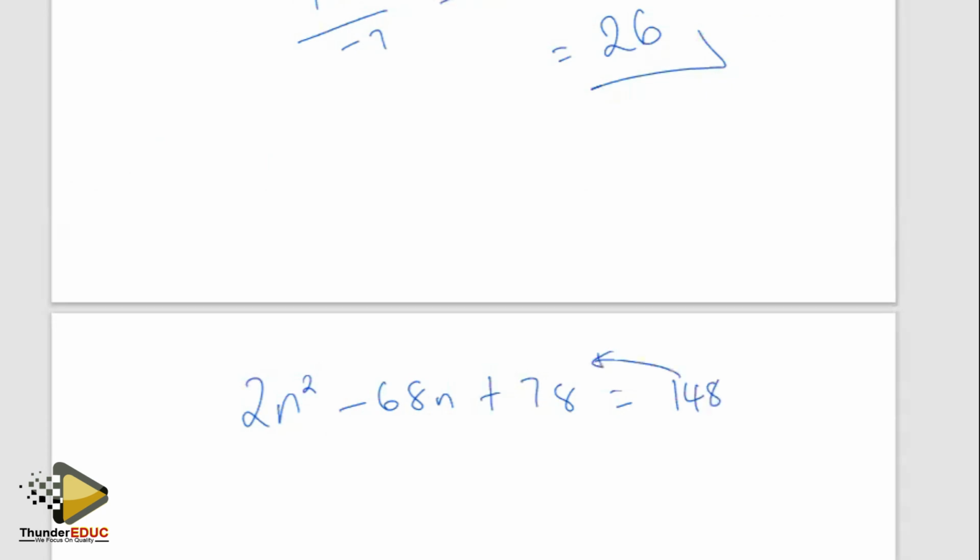Move this that side. So it's 2n squared minus 68n. What's 148 and 78? It's giving us negative 17 is equal to 0.